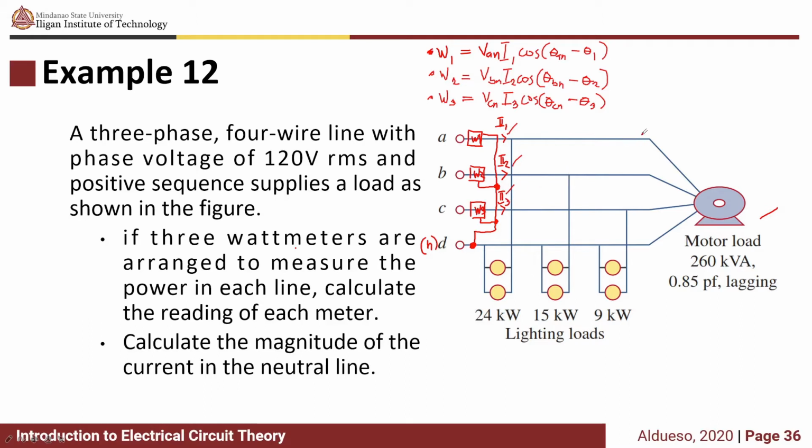So first, let's get the currents at the motor and of the lighting loads. Let's label this current here as current IAM, this IBM, ICM.